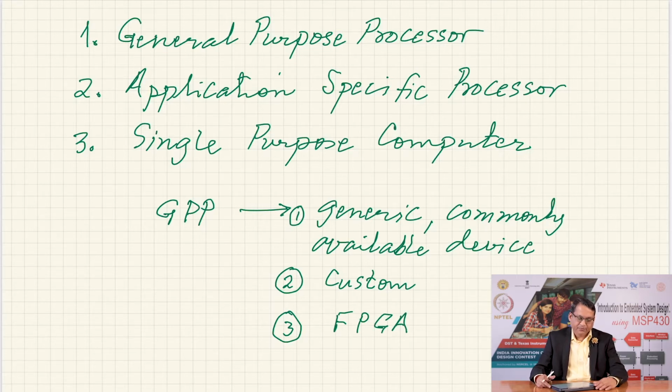If we want to implement our embedded computer using an application specific processor, then again we can choose the first method, that is select an available microcontroller or a DSP, or create our own custom chip. And the third, you could take the hardware description code for that particular microcontroller or DSP and target a programmable logic device.